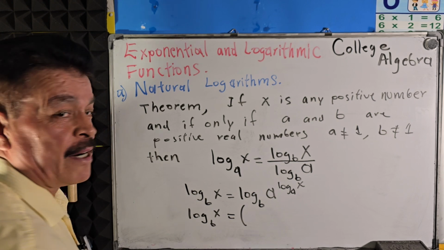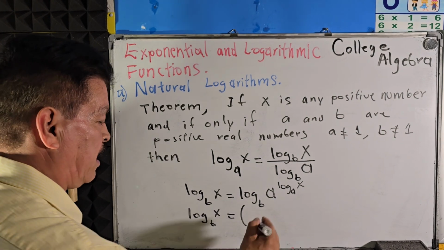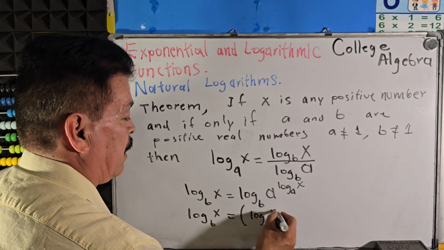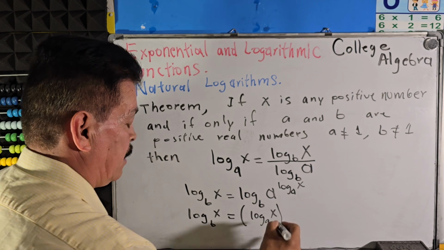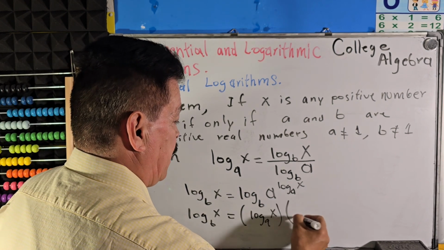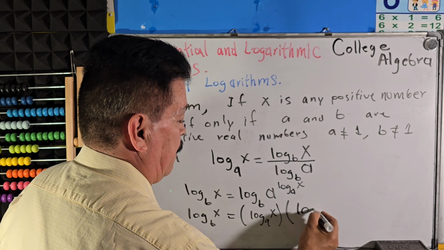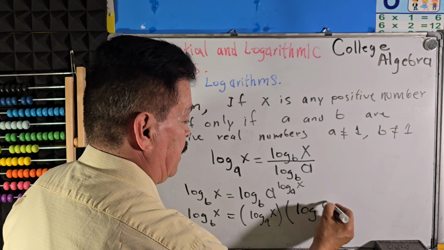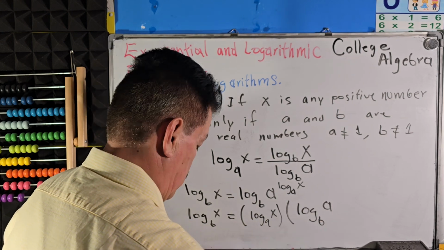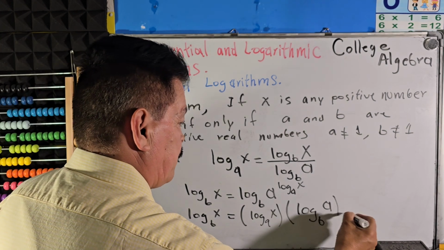All right? So if you simplify, we will have log of x with the base b equals, open parenthesis, log of x with the base a times log of a with the base b. All right?